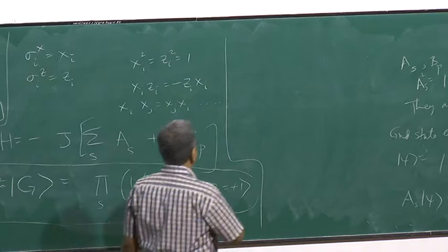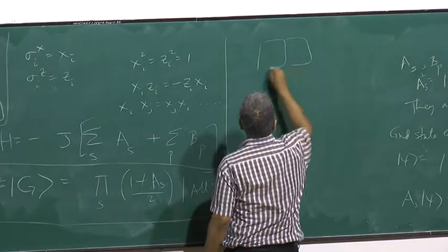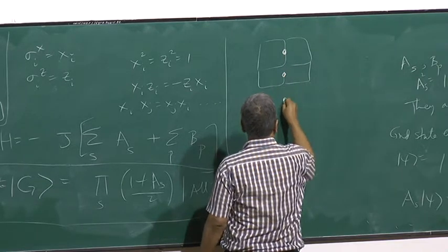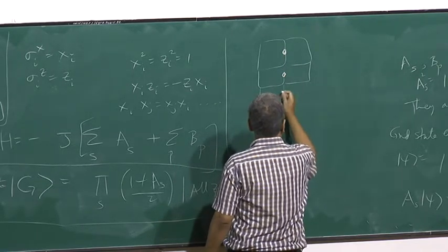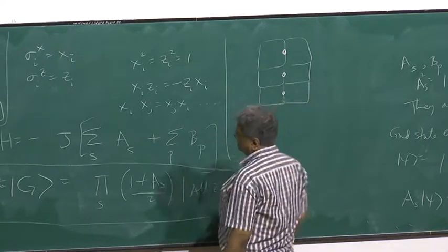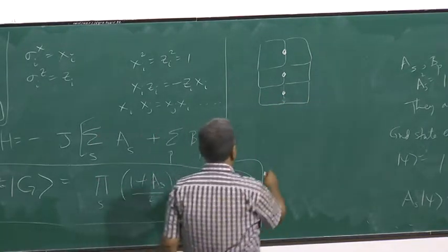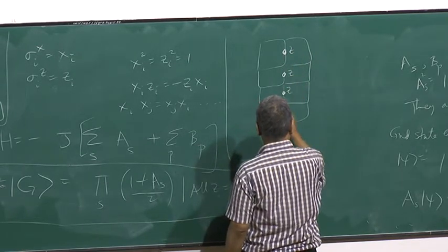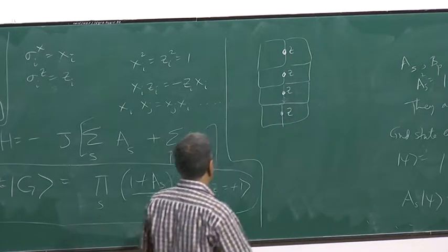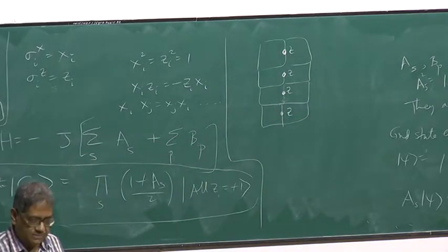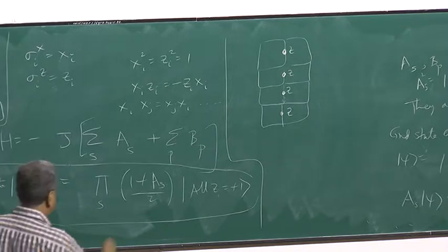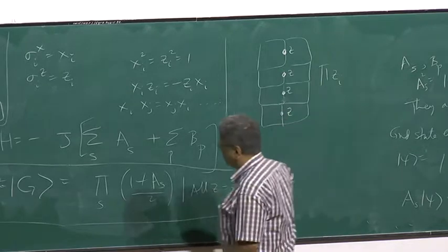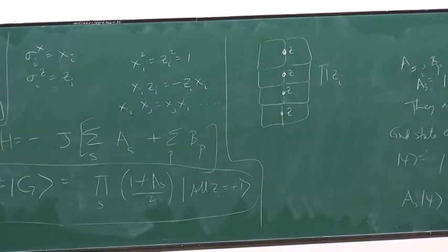So, one operator is if I take a product of z's, running in this direction. I mean z is sigma z. Okay, so, product of z's in this direction, you can see that this commutes with the Hamiltonian.